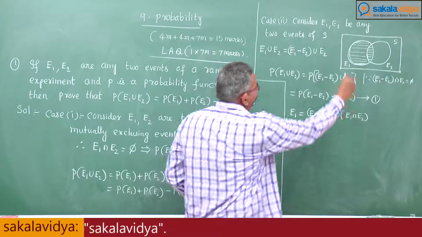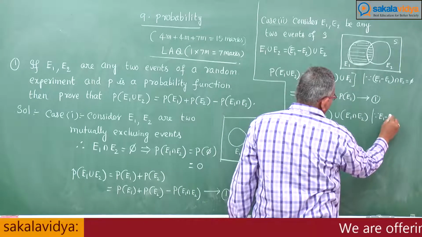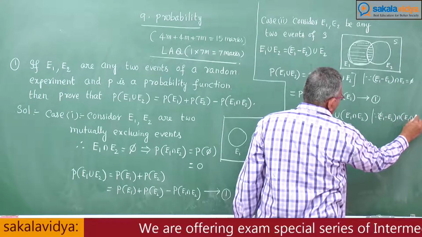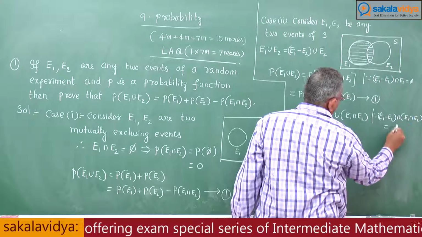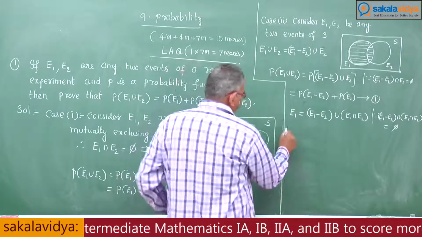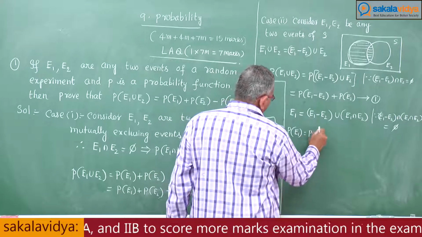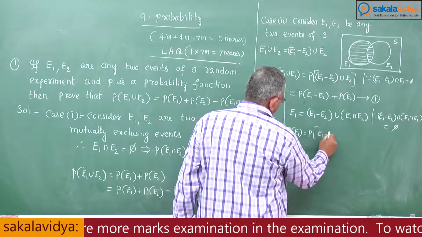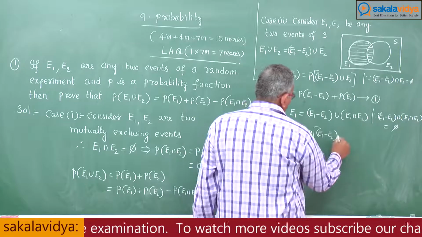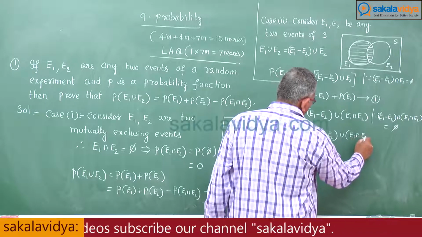Since E1 minus E2 intersection E1 intersection E2 is equal to phi, now apply the probability. P of E1 is equal to P of E1 minus E2 union E1 intersection E2.